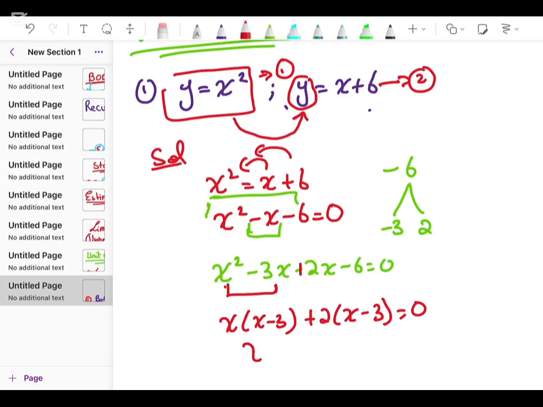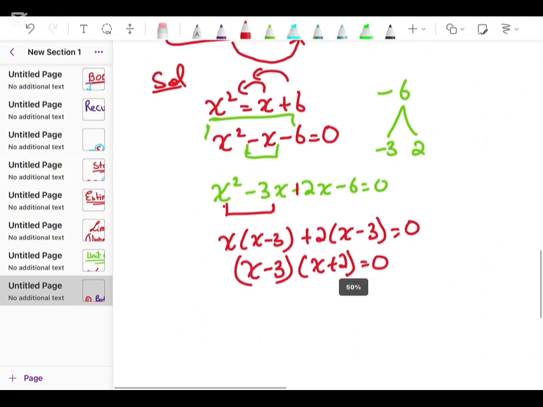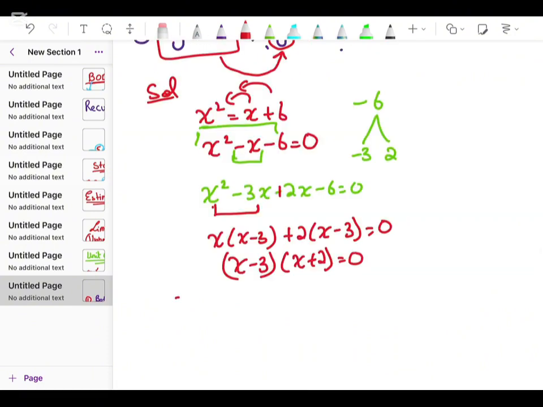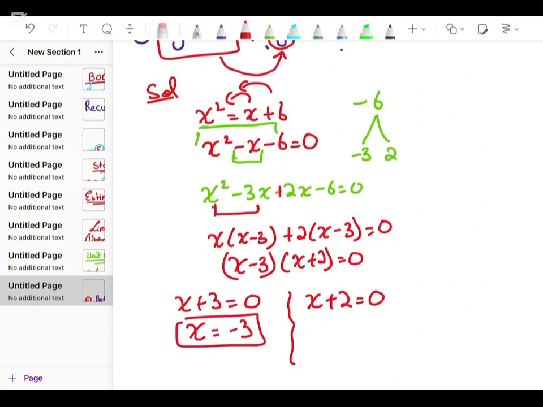These two brackets are the same, so x minus 3 and x plus 2 equal to 0. Now both the factors are equal to 0, so I will take both the factors separately equal to 0. So x will be equal to 3 and x will be equal to negative 2.